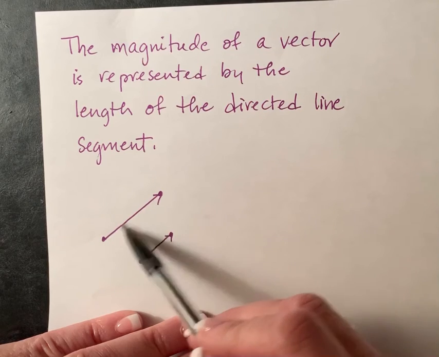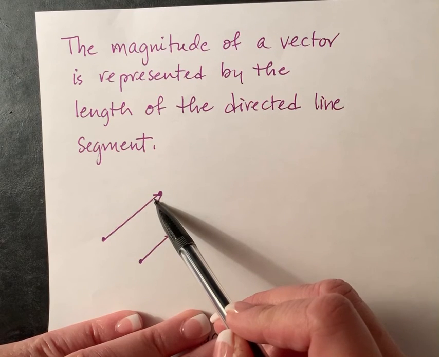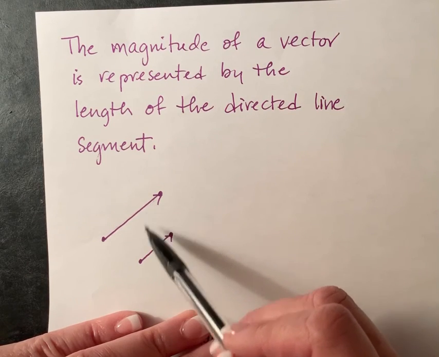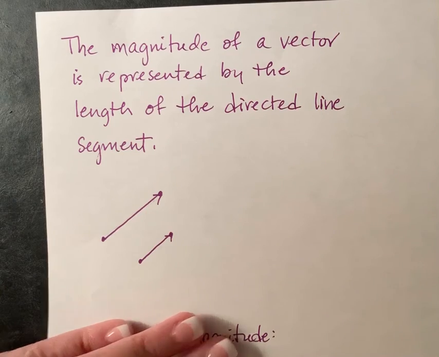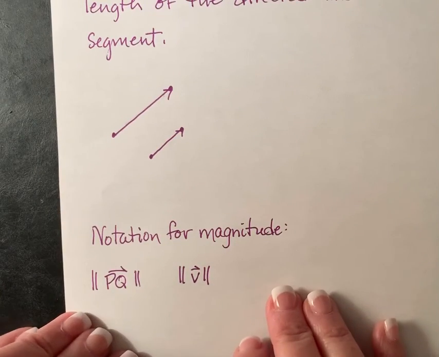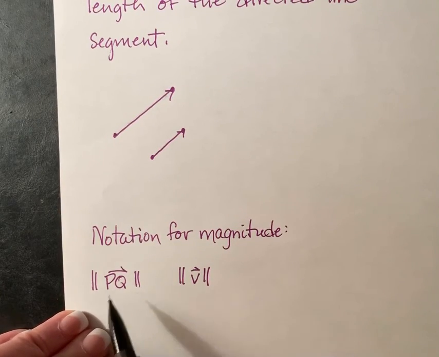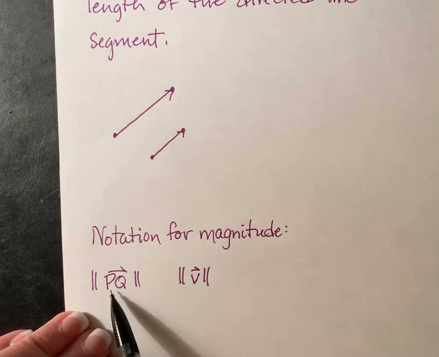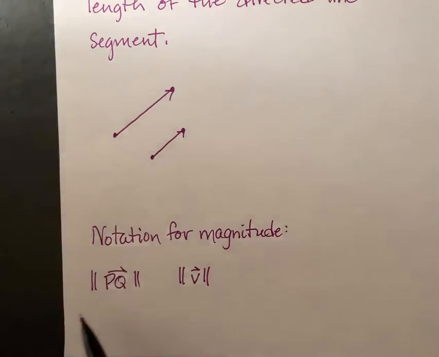However, this directed line segment has a longer length, and that represents a larger magnitude, and that would represent a stronger wind than this one. The notation for magnitude is you write the name of the vector and then you surround it with double vertical lines. So that's the magnitude of vector PQ, for example.